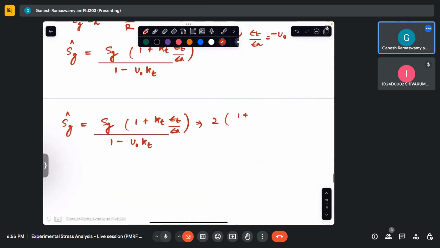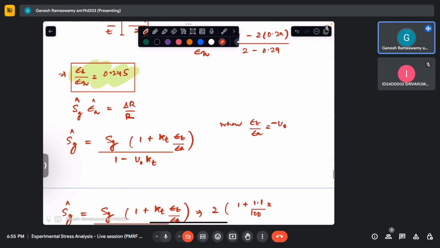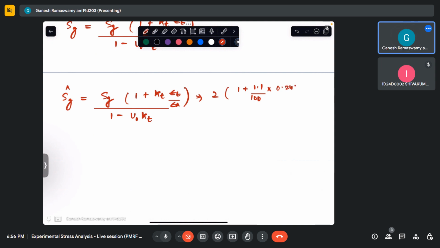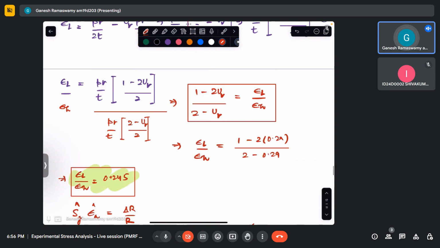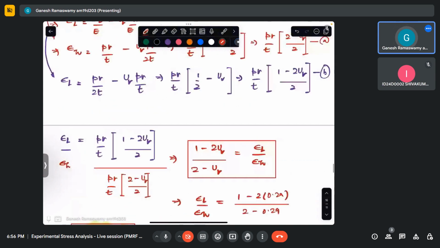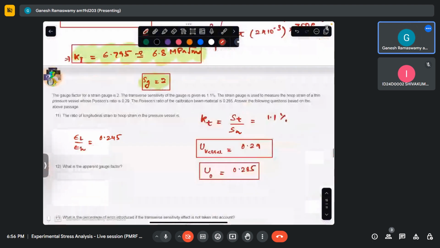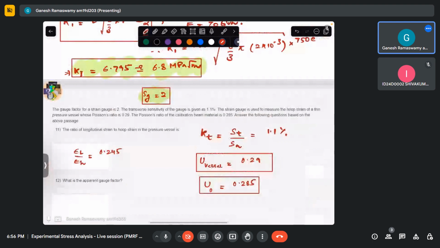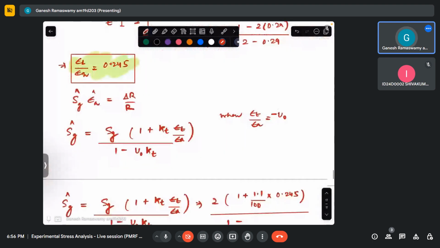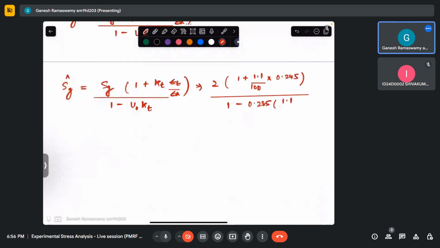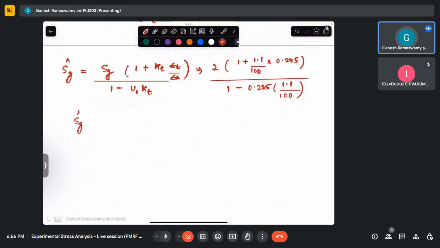So this is 1.1 by 100 into epsilon T by epsilon A, which comes out to be 0.245, divided by 1 minus mu naught, which for this material, the foil, is given as 0.285, into 1.1 by 100.